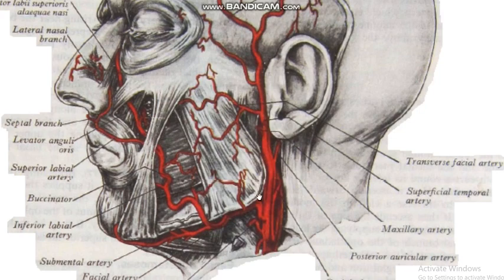It is going over the superior constrictor muscle of the pharynx to the base of the skull, and there is a gap between the superior constrictor and the base of the skull somewhere here deep inside, and through that gap this ascending palatine branch of the facial artery will drop inside the pharynx, and it will go and supply the soft palate, and there it will anastomose with its fellow of the opposite side and with the other palatine branches, that is the greater and lesser palatine branch coming from the maxillary artery, and it gives some pharyngeal branches to the auditory tube that will anastomose with the ascending pharyngeal artery also coming from the external carotid artery.